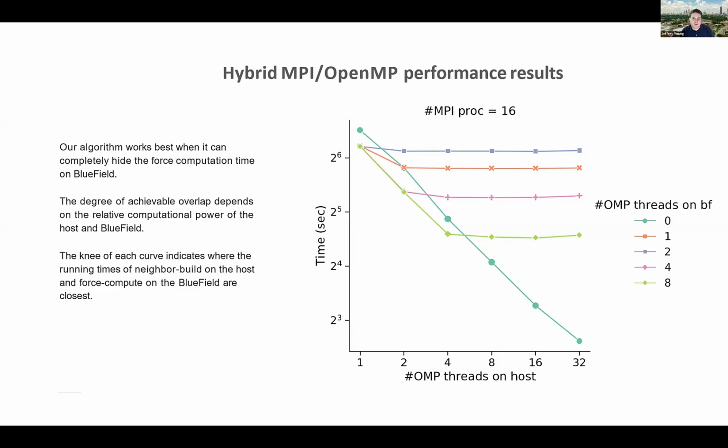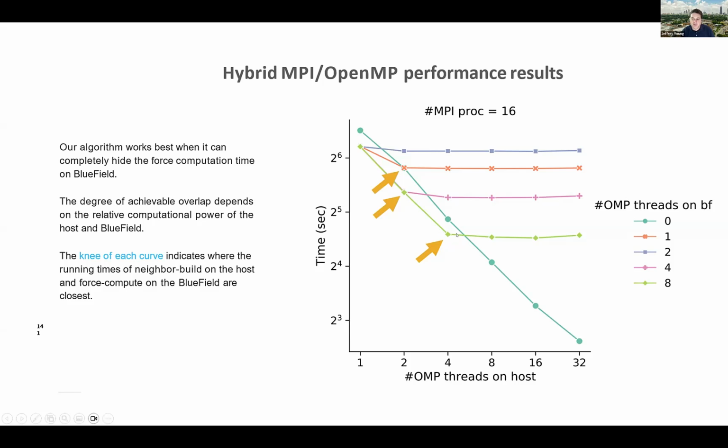However, what's interesting is that you see these points where you have a knee of the curve, where the running time of the neighbor build on the host and the force compute on the Bluefield are very similar. So you're getting very good parallelism. If you had this many threads running on the Bluefield and this many threads running on the host, so let's look at the bottom case here.